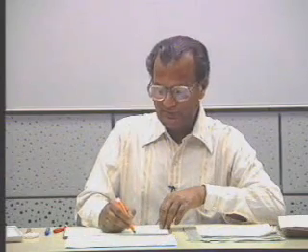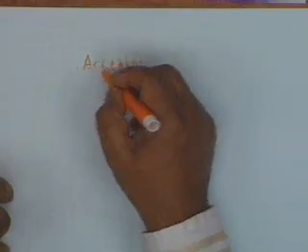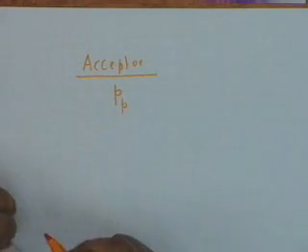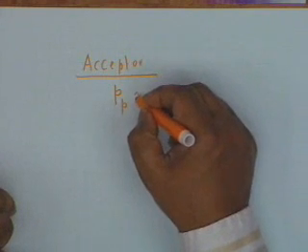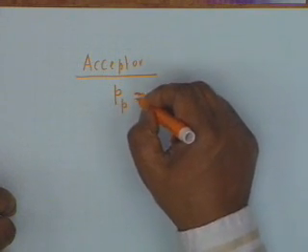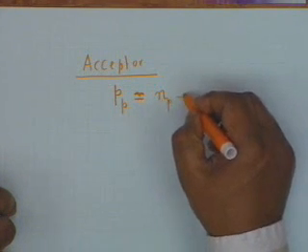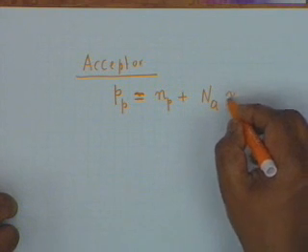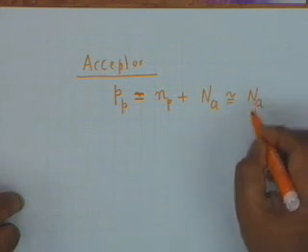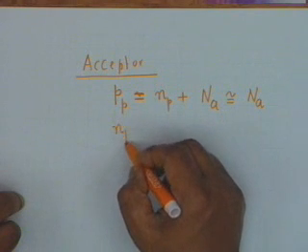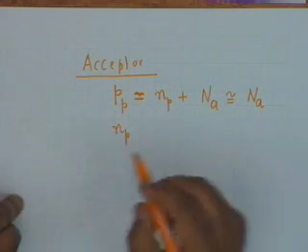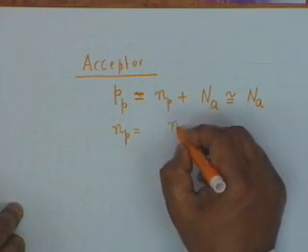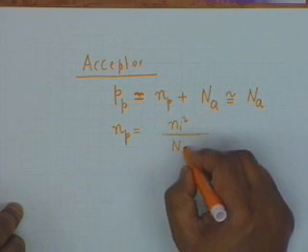Similarly, for an acceptor type of impurity or a p-type semiconductor, the exact relation is Pp shall be equal to Np plus capital NA. All right, and normally this is approximately equal to Na. So that Np, that is the electron concentration in a p-type material, shall be given by Ni squared divided by Na.